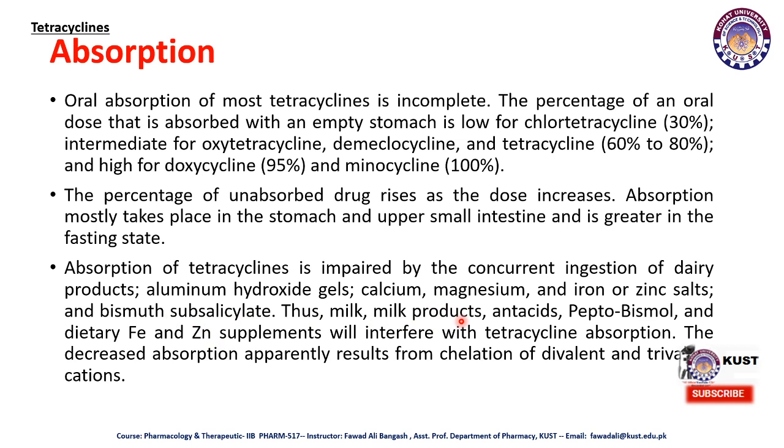Thus, milk products, antacids, Pepto-Bismol, and dietary iron or zinc supplements interfere with tetracycline absorption. The decreased absorption appears to result from the chelation of divalent and trivalent cations, so they are contraindicated.